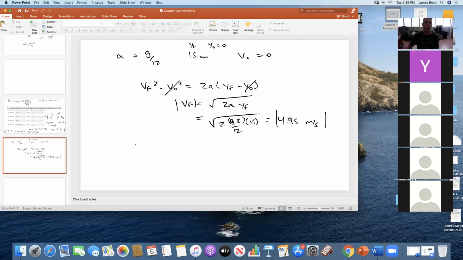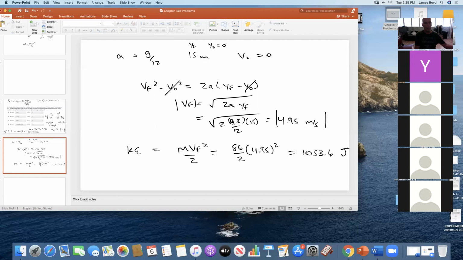If I want to know the change in kinetic energy, the kinetic energy at the top is m v final squared over 2. Her mass was 86, so 86 divided by 2 times 4.95 squared. 86 divided by 2 is 43, and 43 times 4.95 times 4.95 is 1053.6 joules.